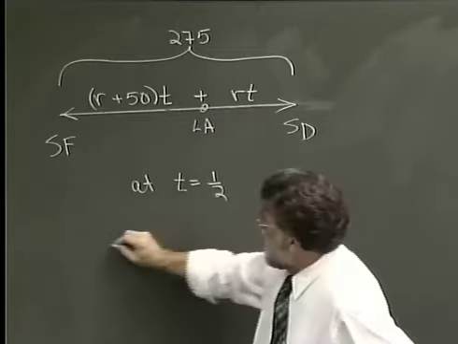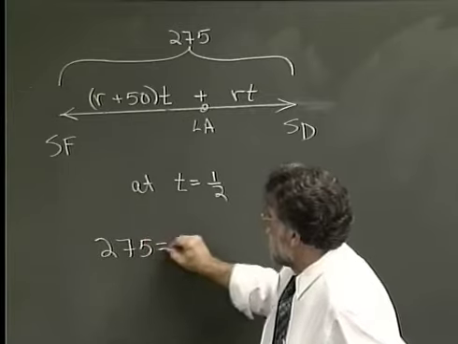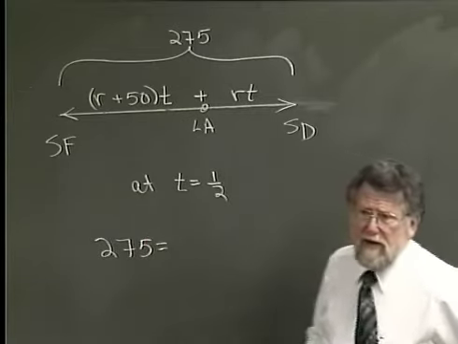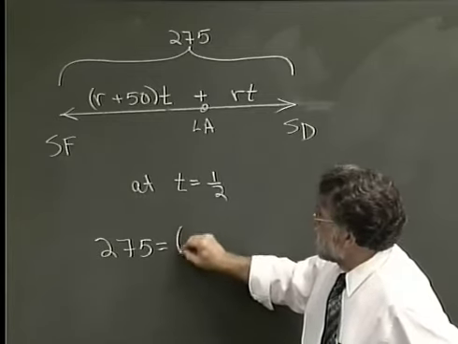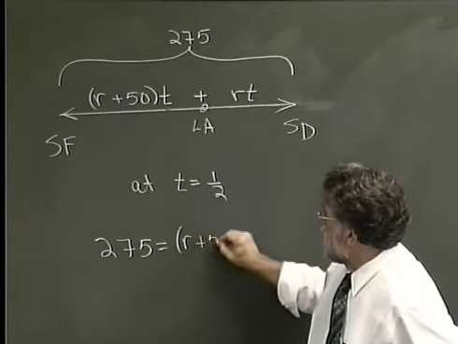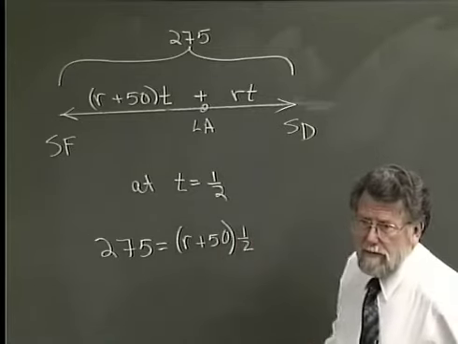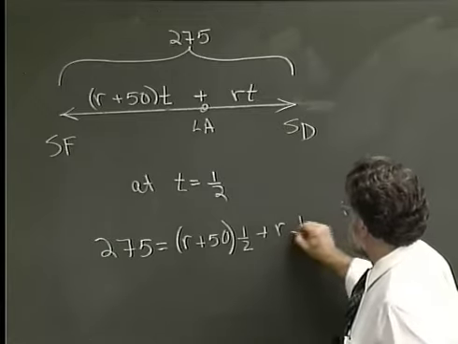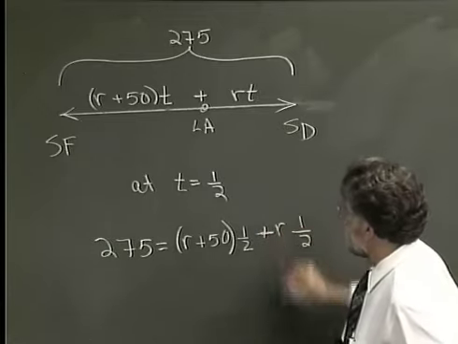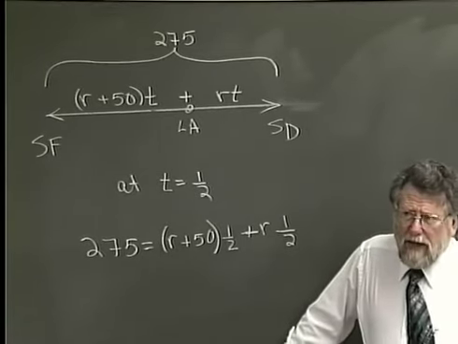And by simply looking at the diagram, I'm hoping that you can see that that 275 is going to be, I'll do it in the same order, although I would have been better off putting the 1/2 in the front, plus r again times 1/2. Now once I get there, I have my equation.